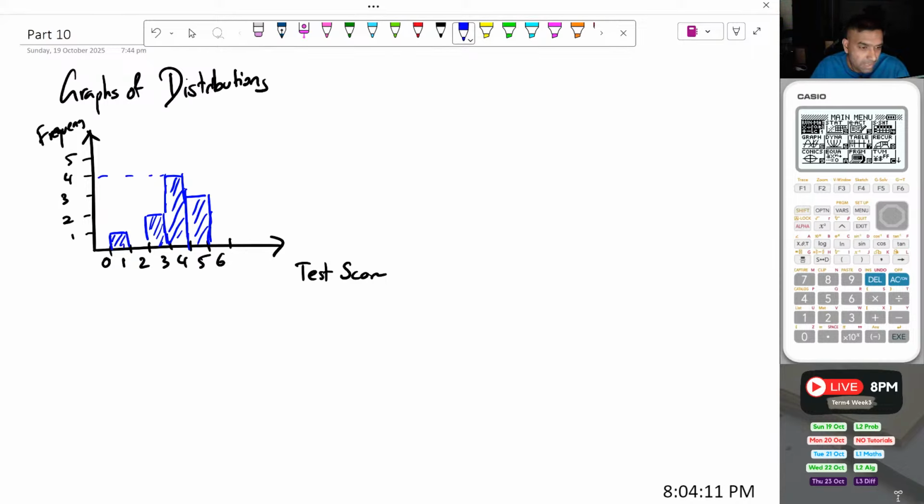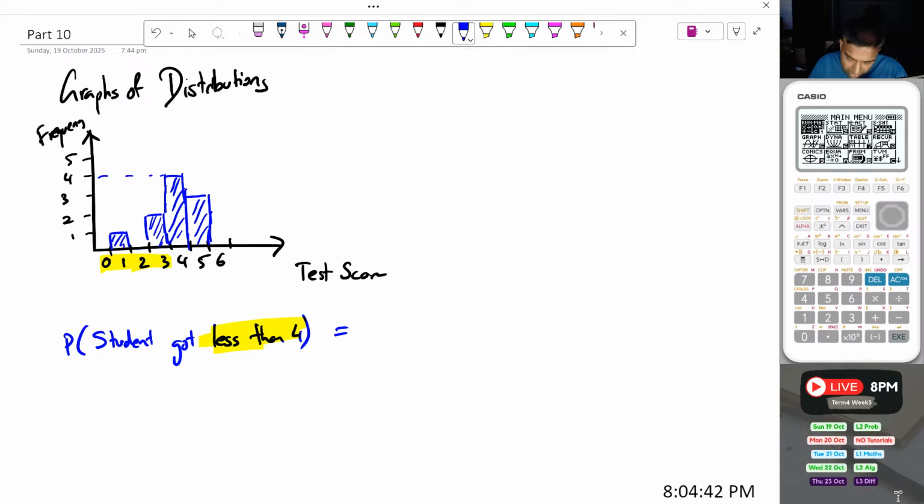For example, what's the probability a student got less than 4? If it's less than 4, I'm looking for these 3 numbers here.